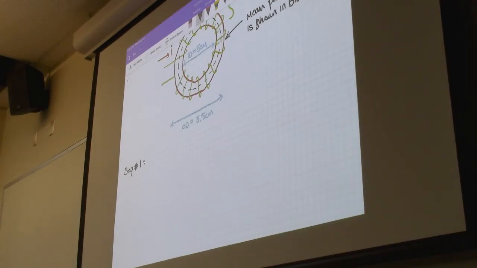So the first thing we're going to do here is realize that a symmetry exists.